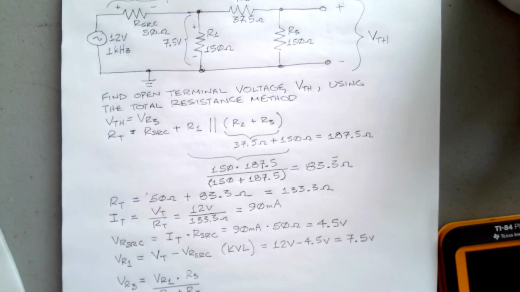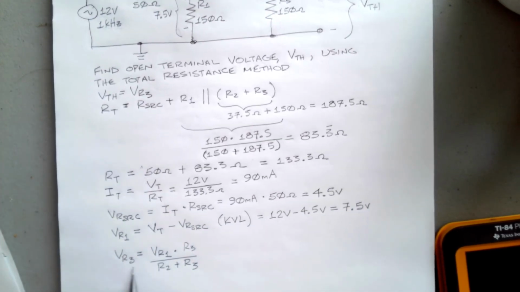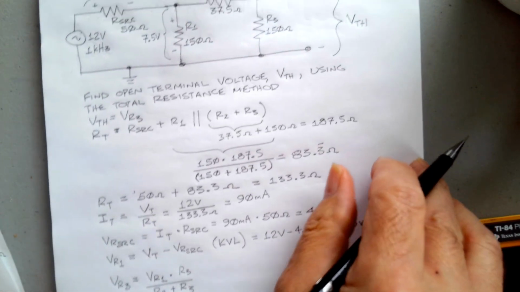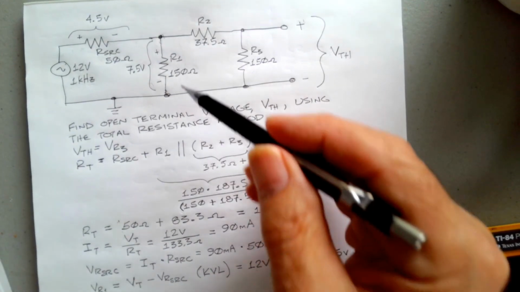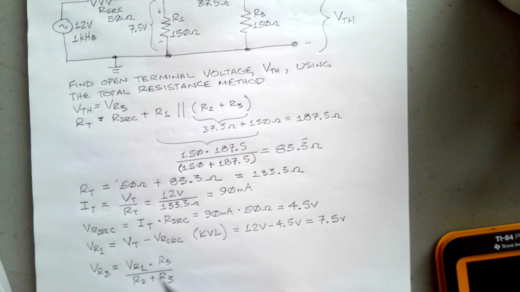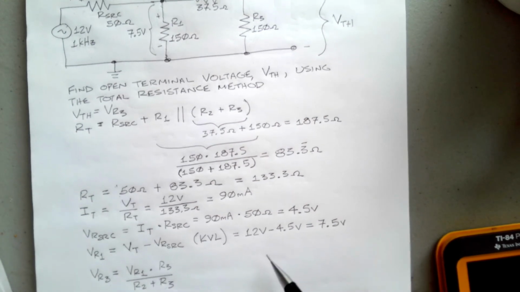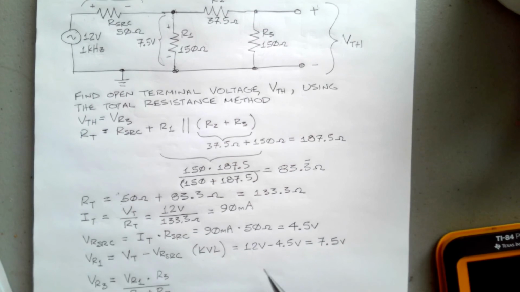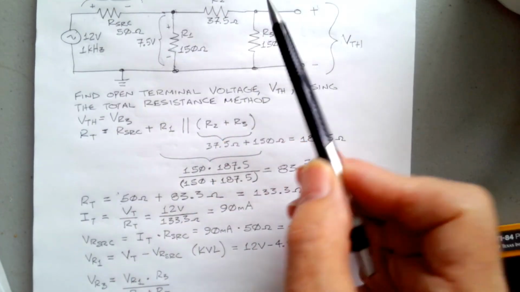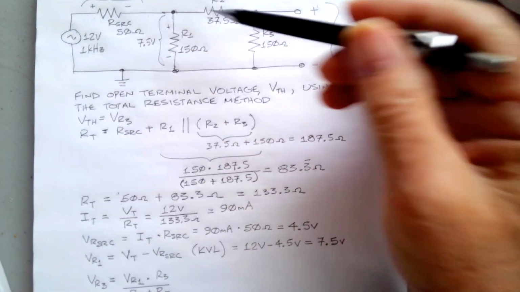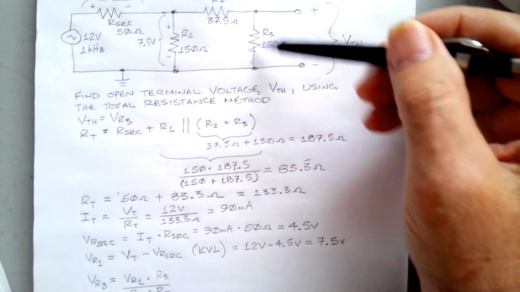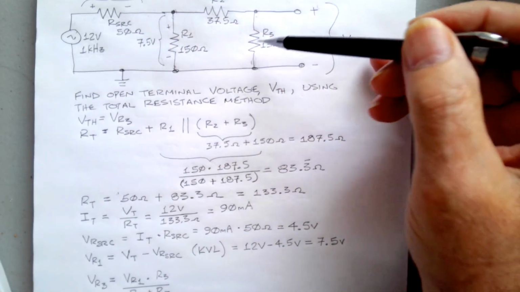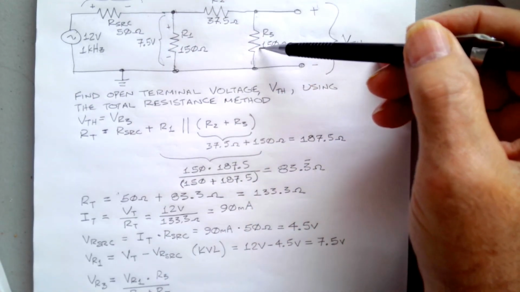So VR3 equals VR1 times R3 over R2 plus R3, and what it says is that VR1, right here, that's the voltage across this resistor. And the proportion of that voltage that's going to be across R3 is the same as R3's proportion of this total resistance right here. So R3 over R2 plus R3 is that proportion.